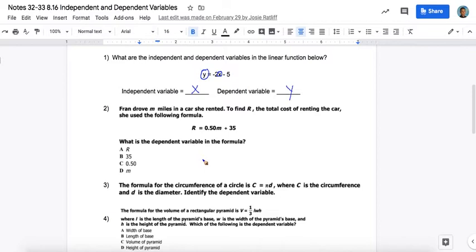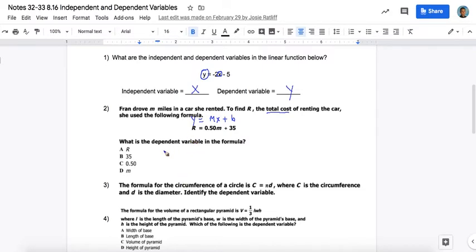Okay, now they won't always use x and y, so look here at number 2. Fran drove m miles in a car she rented. To find r, the total cost of renting the car, she used the formula. Well, here's the key word here. To find r, the total cost. Okay, so if we look at this in y equals mx plus b, we notice that the x in this case is the m, which is the independent variable, and the y, or the r in this case, is the dependent variable.